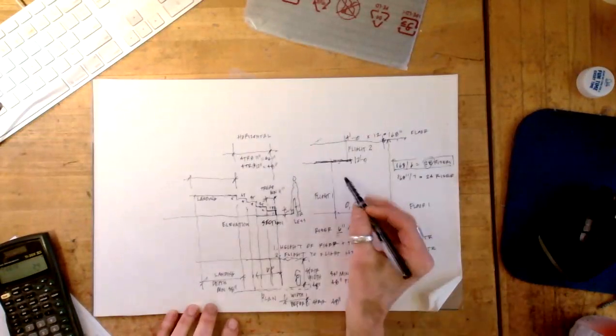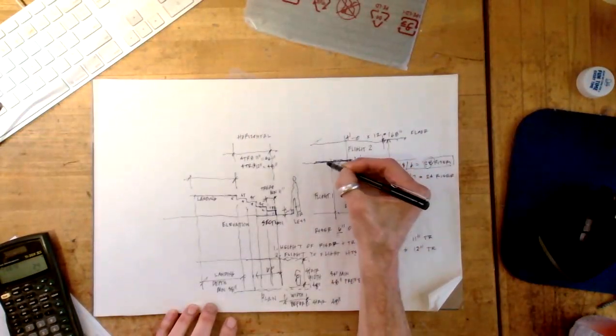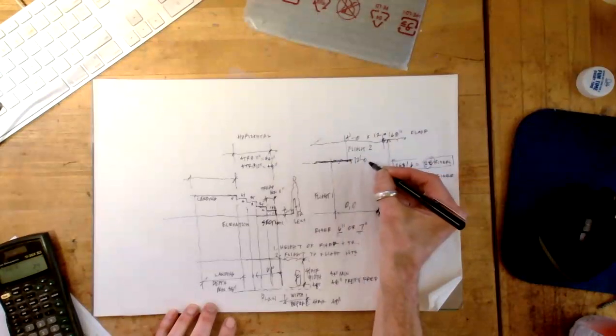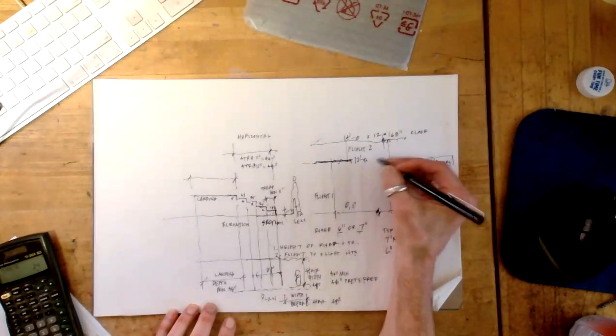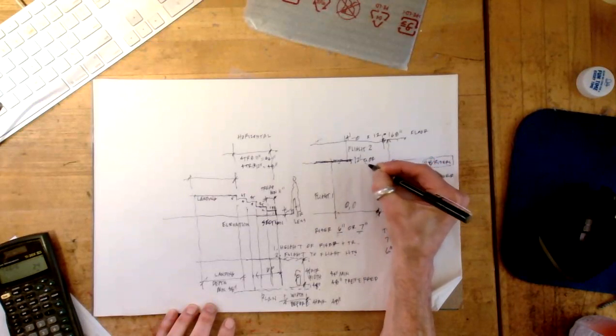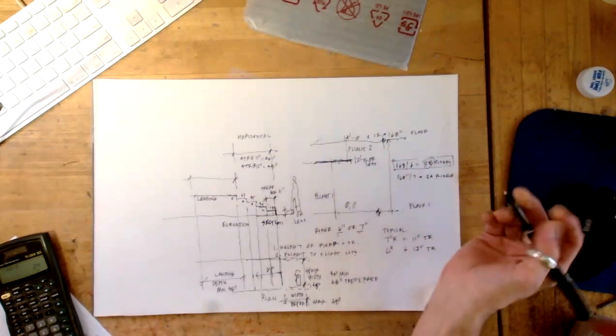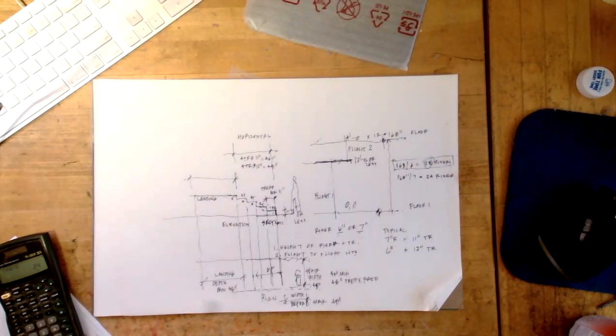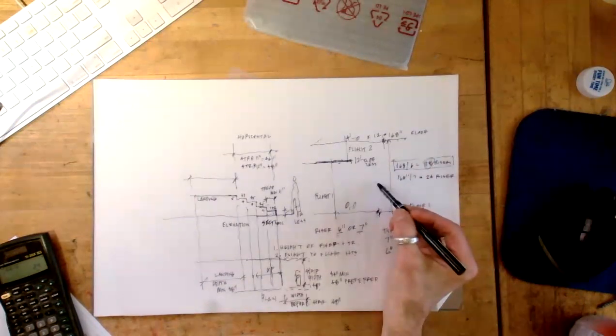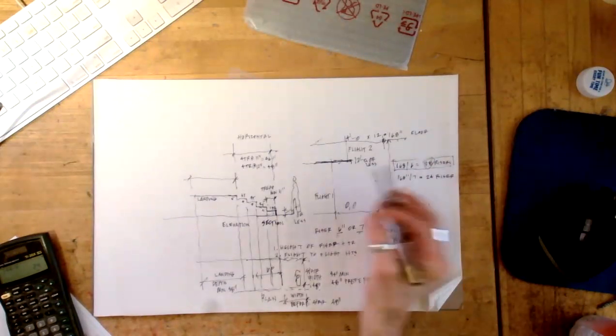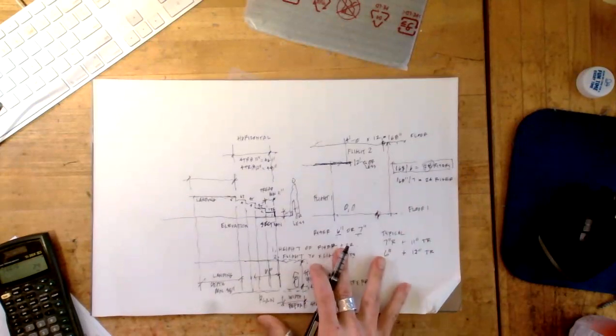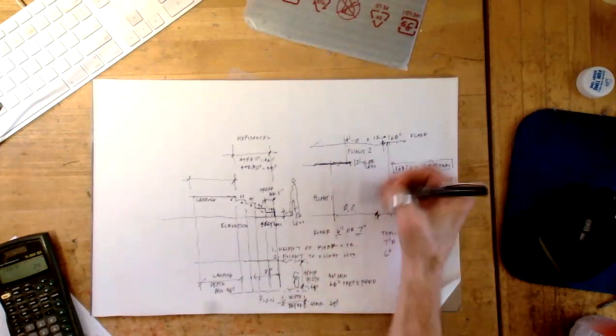So decide on the elevation of flight 2, 12 feet or less. Let's, for argument's sake, cut the distance in half.